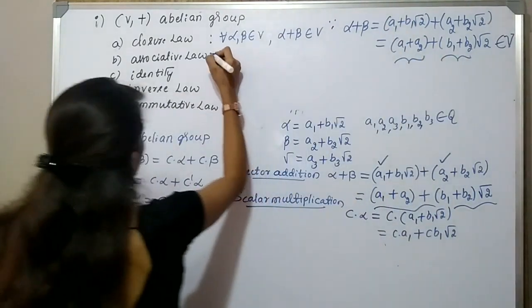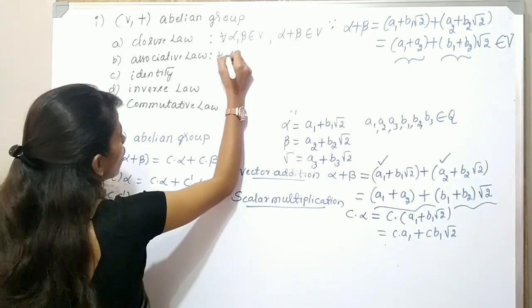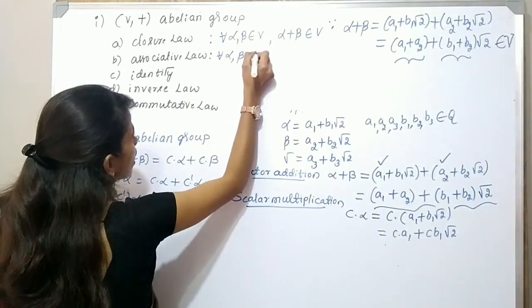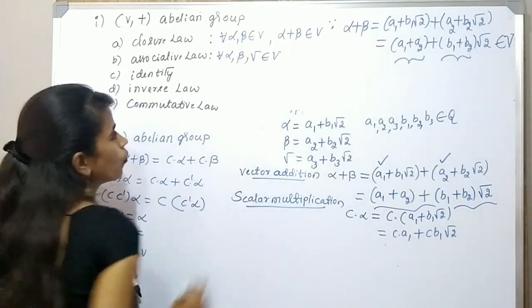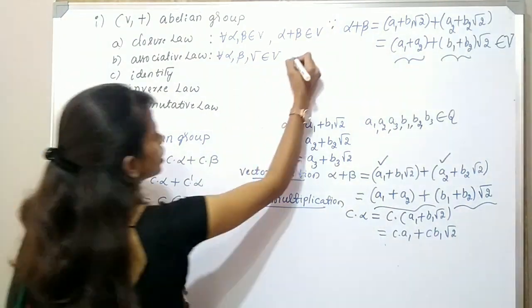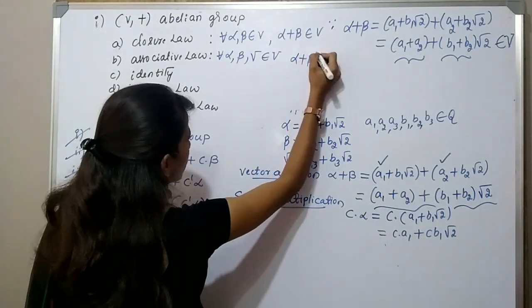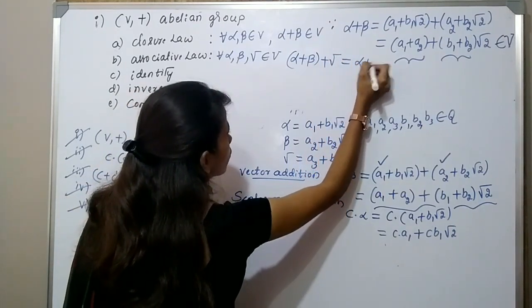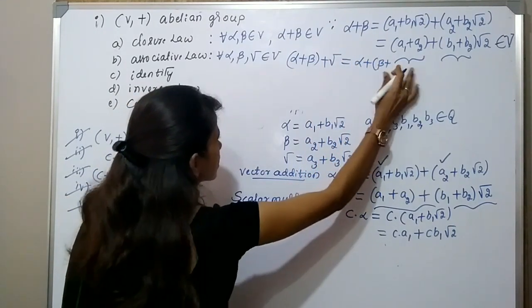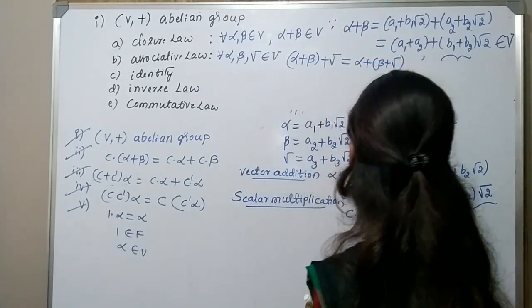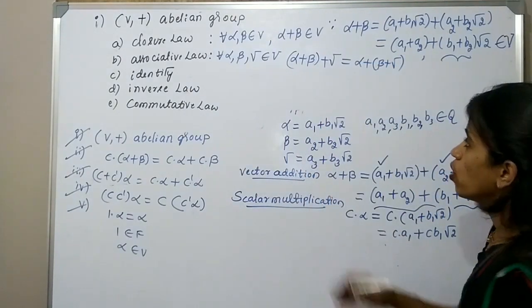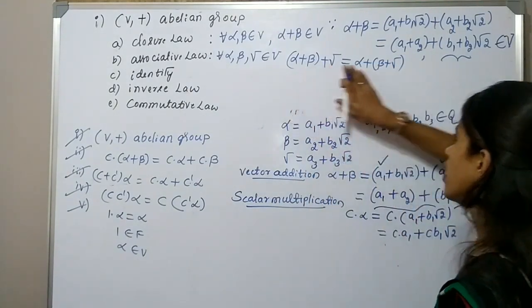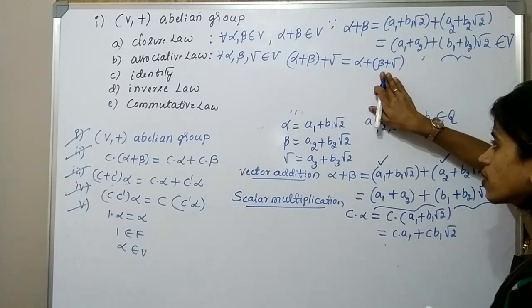Next. So what is associative law? For all alpha, beta, gamma belongs to V, what we have to show? We show that alpha plus beta plus gamma is equal to alpha plus beta plus gamma, with the brackets grouped differently. For that, take LHS and show that RHS is also the same.